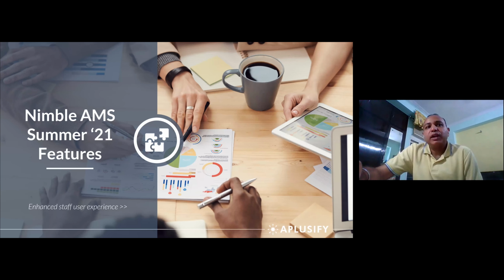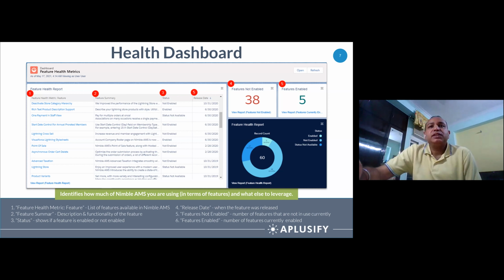Now let's quickly look at the latest Nimble AMS Summer 21 features, what we can expect out of it. Now, this is very important. They have given a health metrics dashboard. As you can see on the screen, we have numbered it, right?